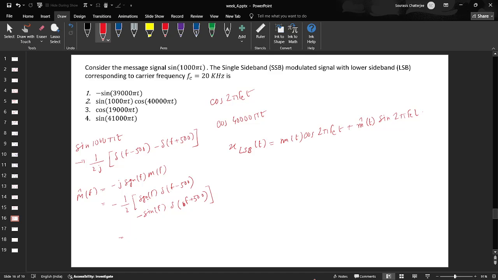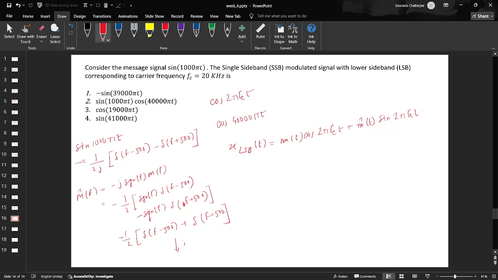This part is positive, so the sign value will take 1, so I will have δ(f−500). This part corresponds to negative, so the sign value will take −1, and minus of minus 1 becomes plus 1, so it will be δ(f+500). This is the spectrum of the Hilbert transform version of the message signal.